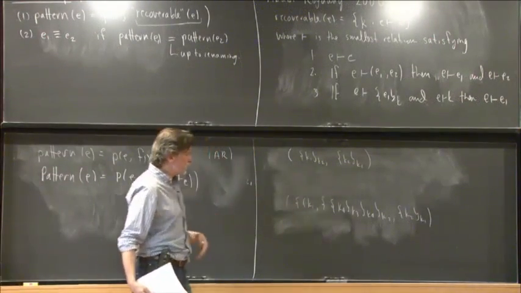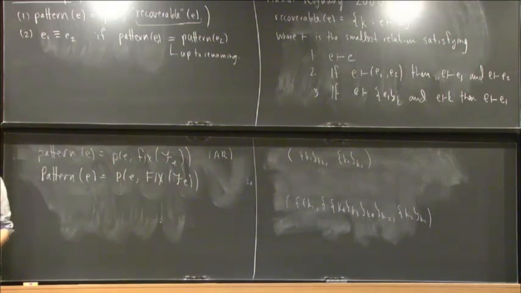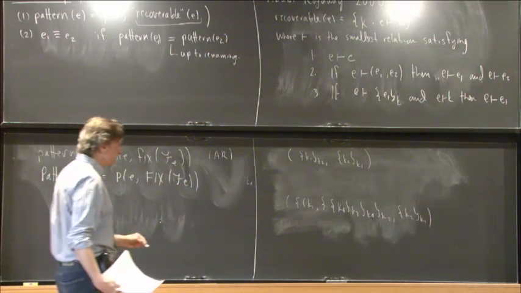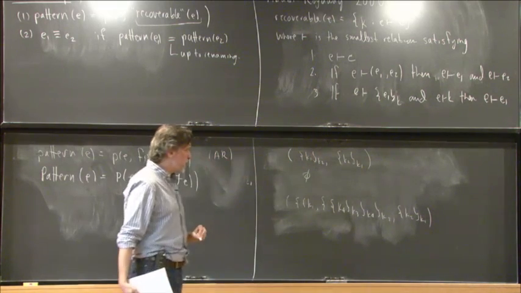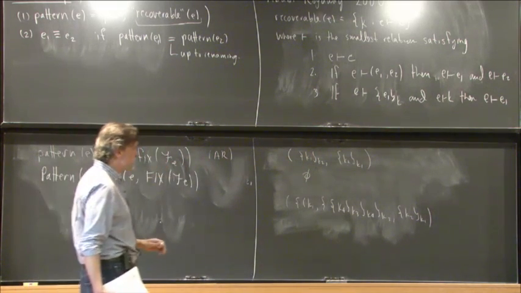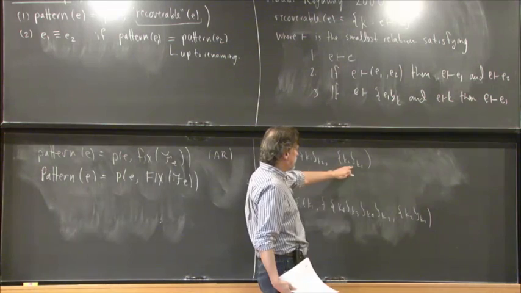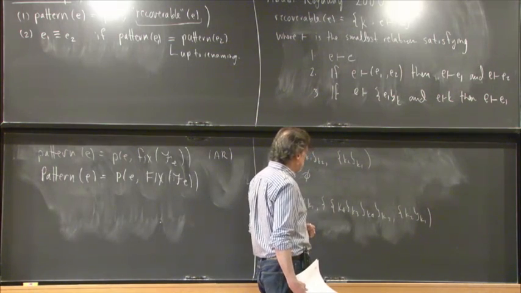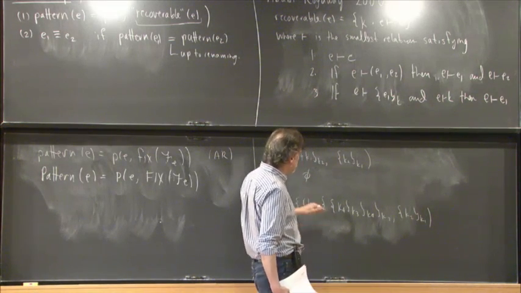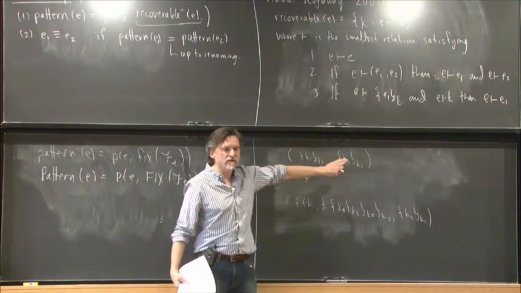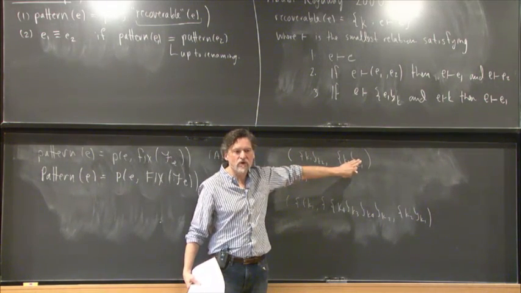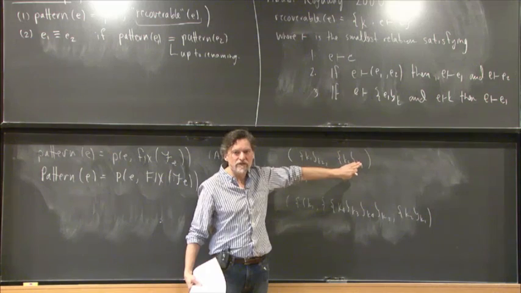In this first example, suppose we're looking at the least fixed point. We start off at the first step with the empty set of keys. If we take the pattern of this expression with respect to the empty set of keys, it basically means that K1 and K2 don't appear.